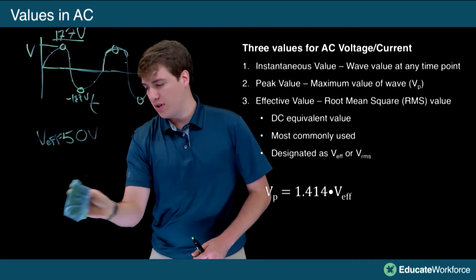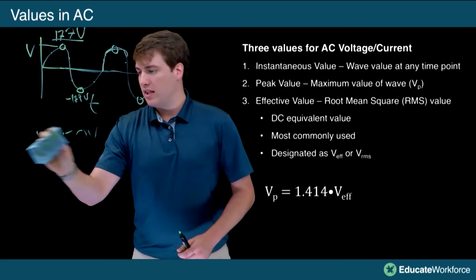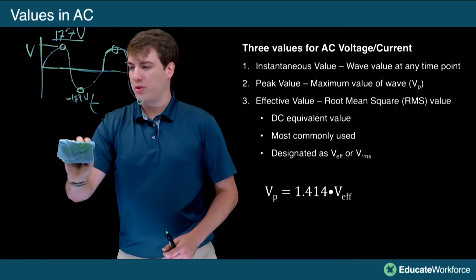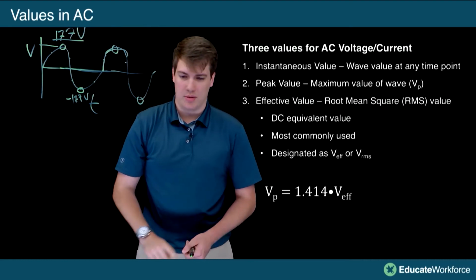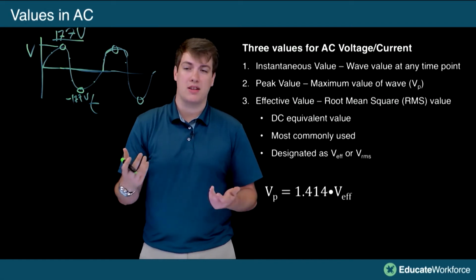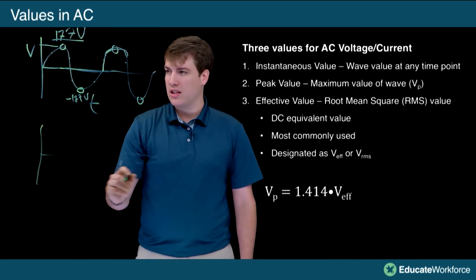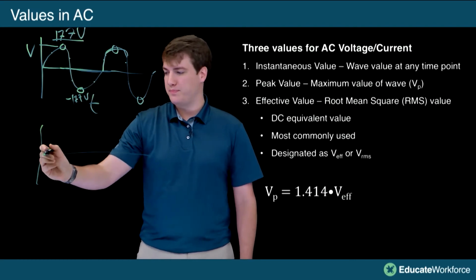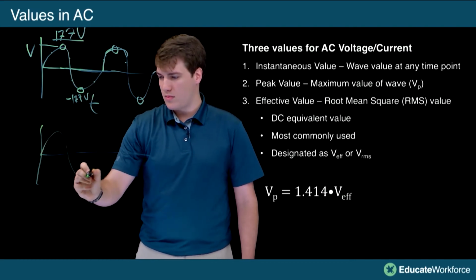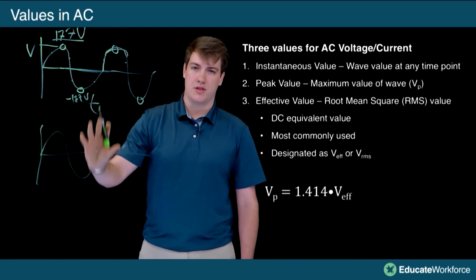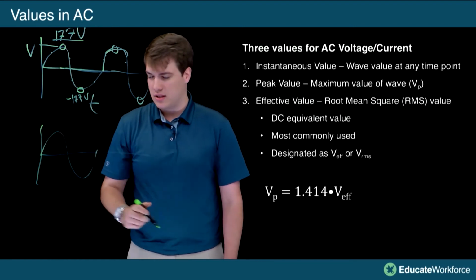So a little bit more about effective voltage, why this 1.41 exists, mathematically how we get this DC value out of an AC circuit. Well, you can think of this waveform as this. It goes positive, it goes negative, you have change in current.